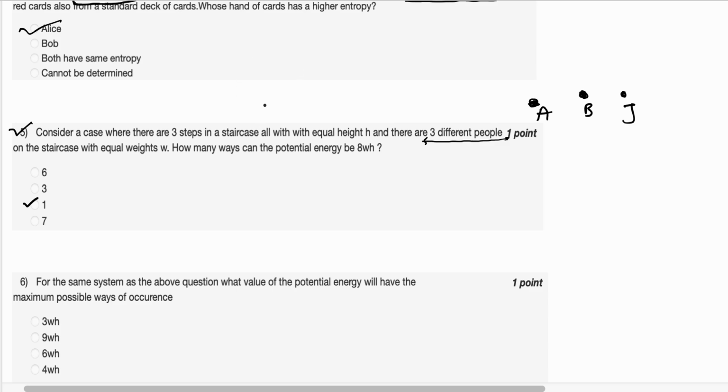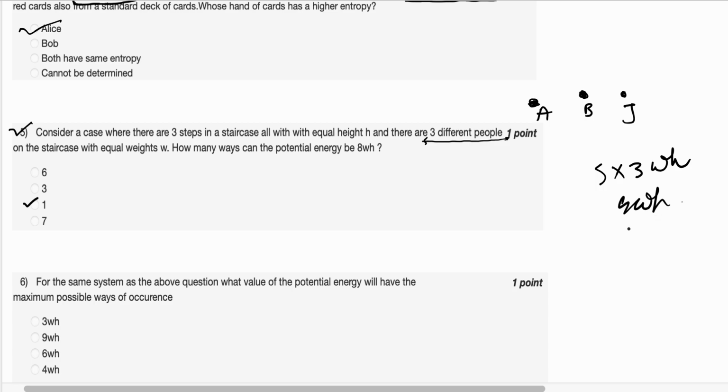So it will be the maximum potential energy we can get out of this system in the 3 step. The maximum energy will be 9 omega h, because if I put 3 individuals in the highest energy state, then 3 into 3 omega h will be 9 omega h.